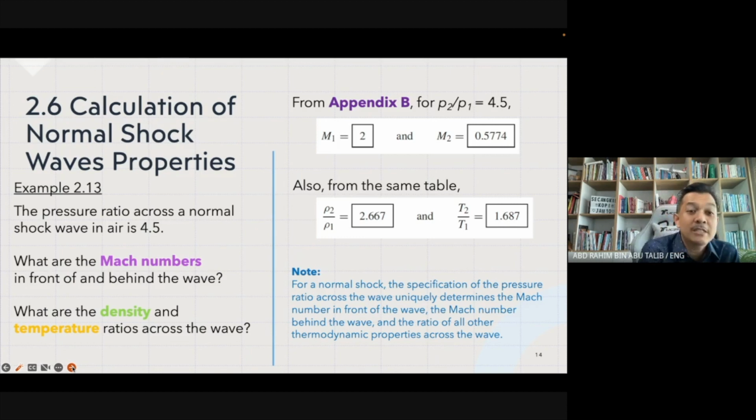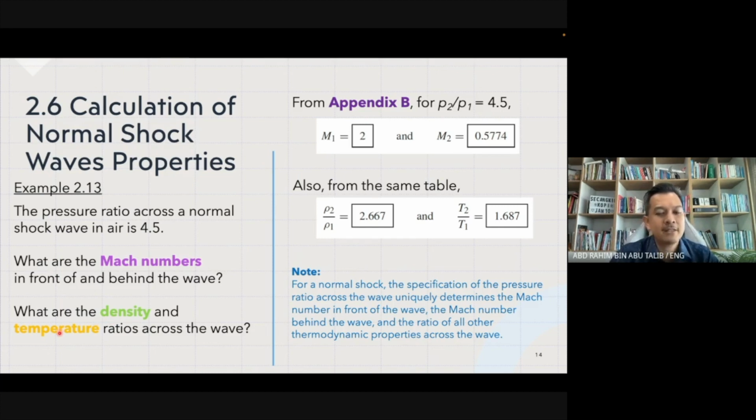Example 2.13. The pressure ratio across a normal shock wave is given as 4.5. You have to find what are the Mach numbers in front and behind the wave. Okay, you have to find what is the Mach number in front of the shock wave and behind the normal shock wave. At the same time, you also need to find the density and the temperature ratios across the wave.